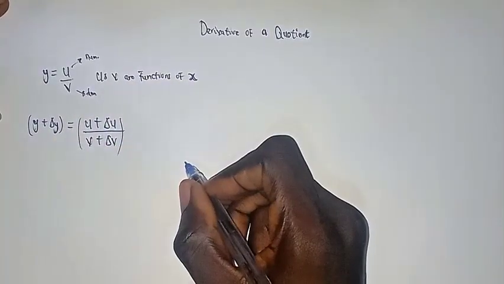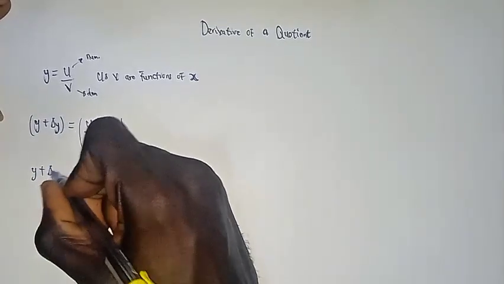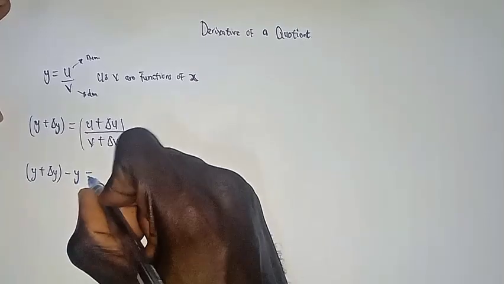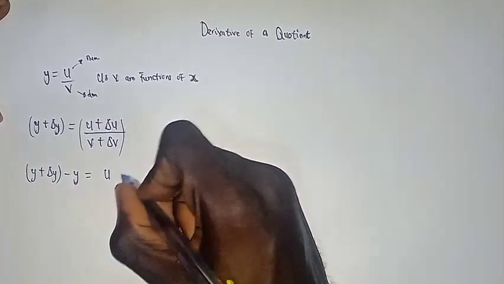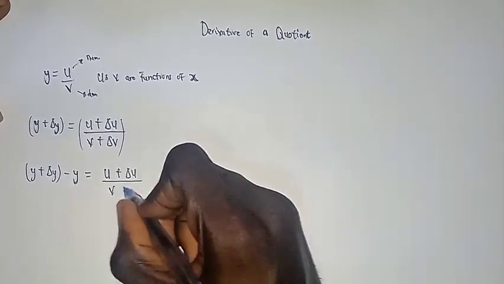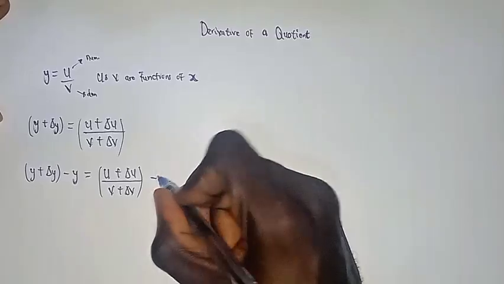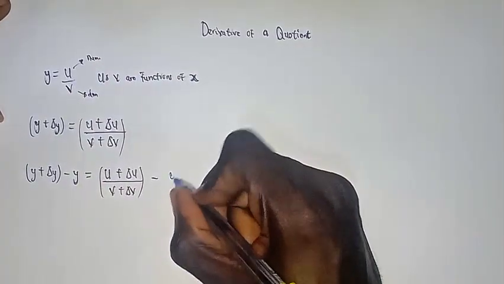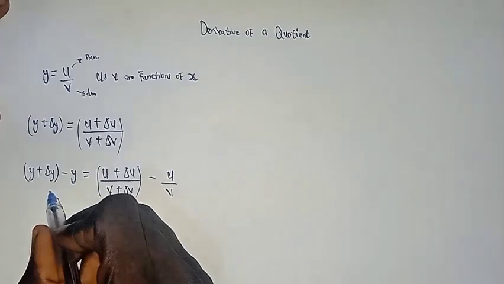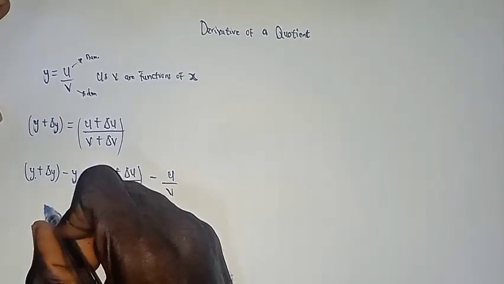And so if we subtract y from both sides of the equation, we have that y plus delta y minus y equal to u plus delta u over v plus delta v minus y. Now y is u over v, right? So on our left hand side, y will subtract y and then we have just delta y.